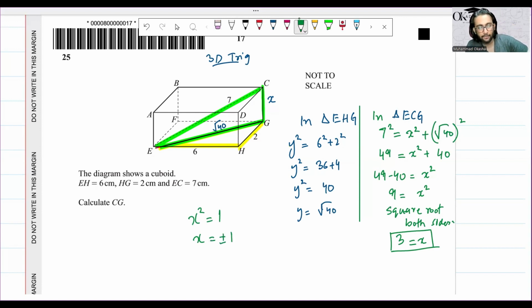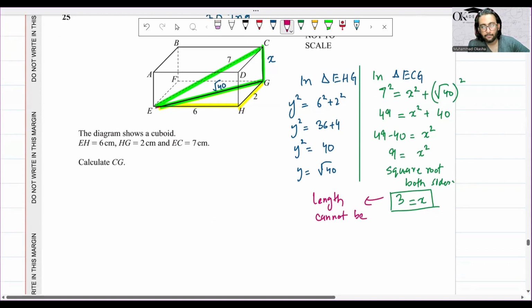Why are we not getting plus minus 3 over here? What do you think? Because this is length. Length cannot be negative. So I ruled out the negative value and I just included the positive value. Length cannot be negative.